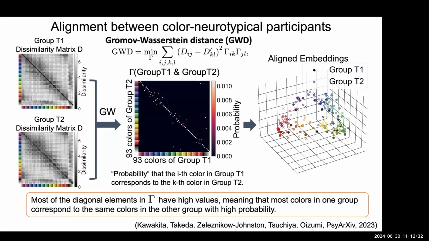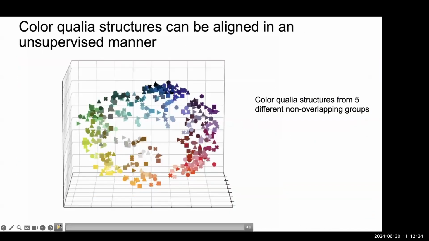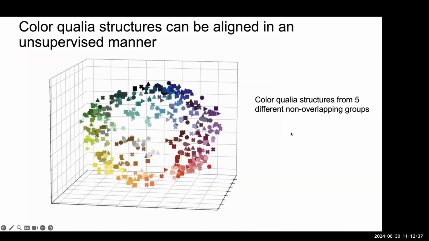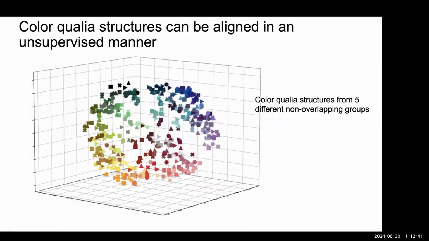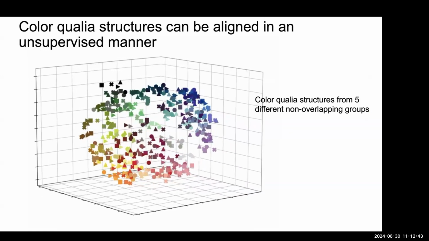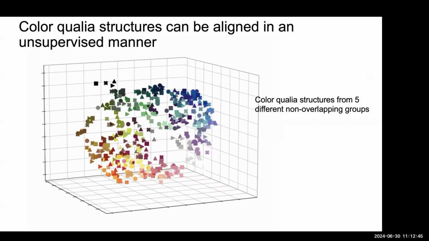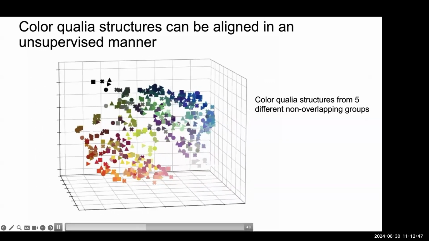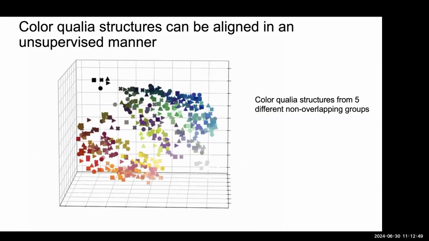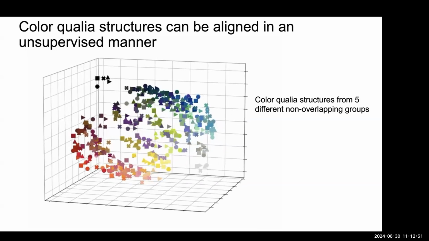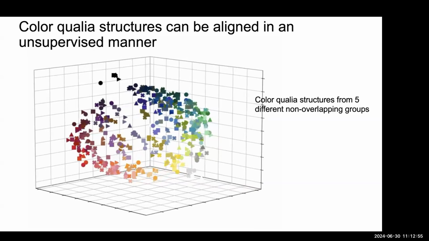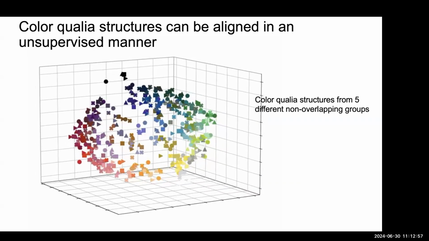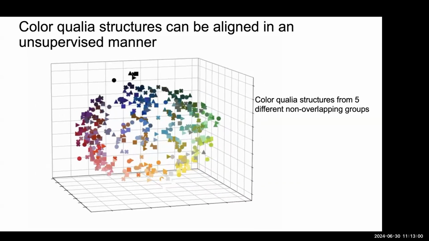Okay, then this is the visualization, or movie. We did a similar unsupervised alignment across 5 non-overlapping groups. So there are points from 5 different non-overlapping participant groups, and we can perform this kind of alignment without looking at color labels.